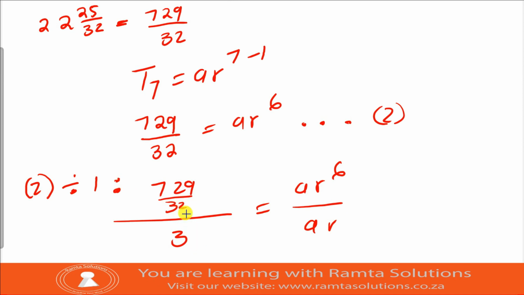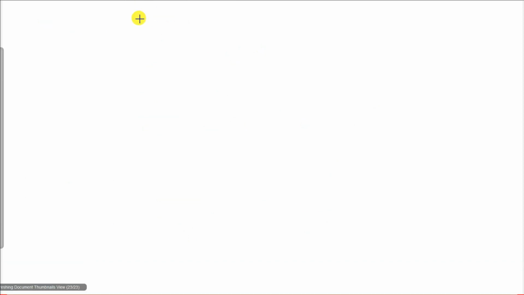It says to me 729 divided by 3, I have 243 over 32.